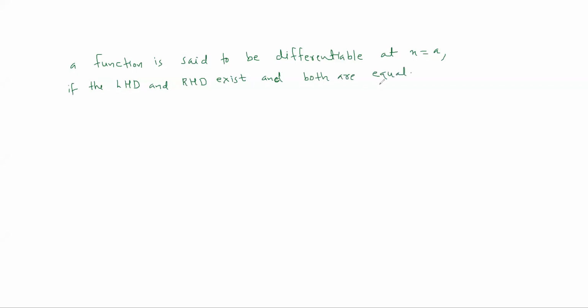So the left hand derivative should exist, the right hand derivative should exist, and both should also be equal. So a function is said to be differentiable at x is equal to a if the left hand derivative and right hand derivative exist and both are equal.